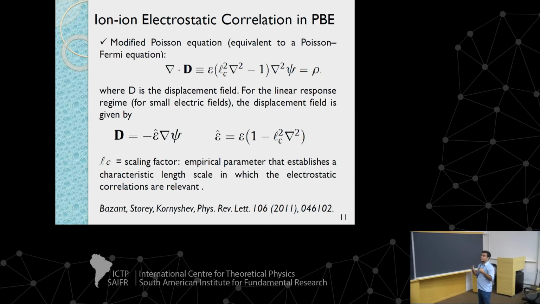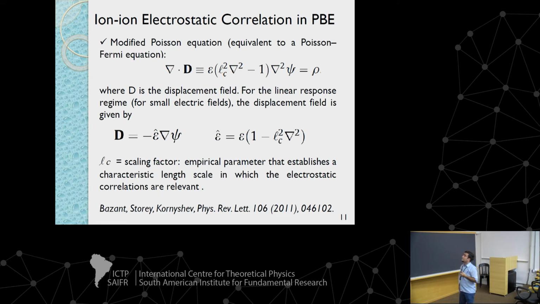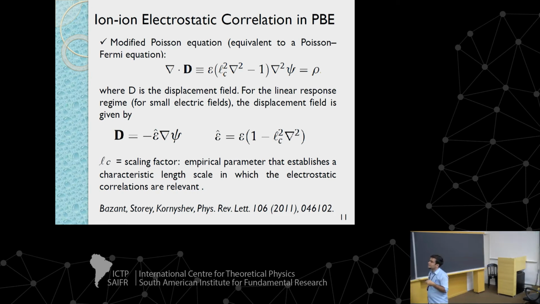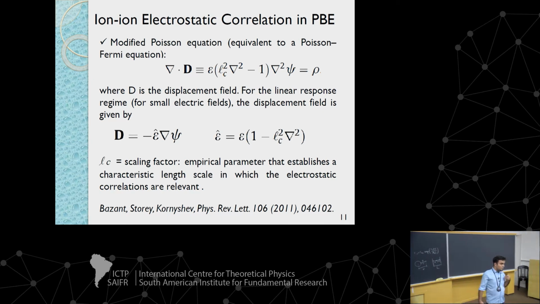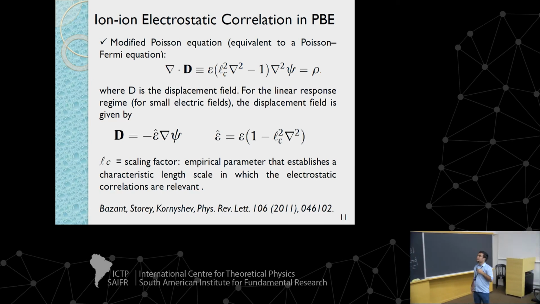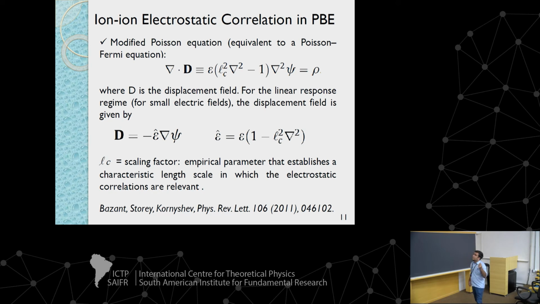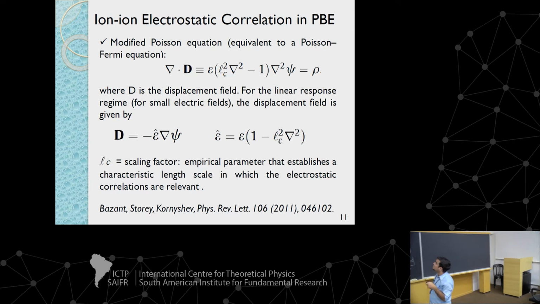So when we do that, the computational effort increases a lot. And there is a proposition by Bazant and co-workers that tries to introduce ion correlation in the Poisson-Boltzmann equation. How do they do that? They introduce this contribution here that turns the equation into a fourth-order differential equation. So it's equivalent to the so-called Poisson-Fermi equation, okay?